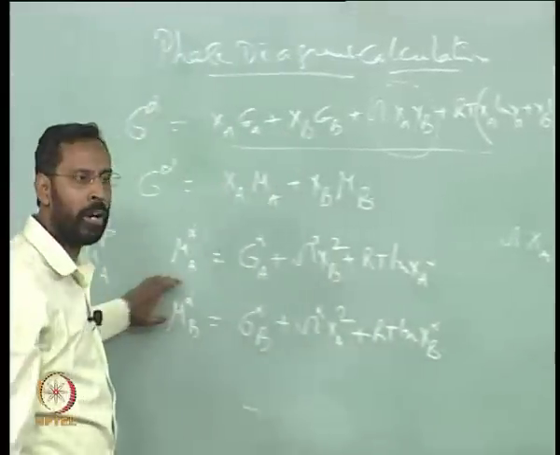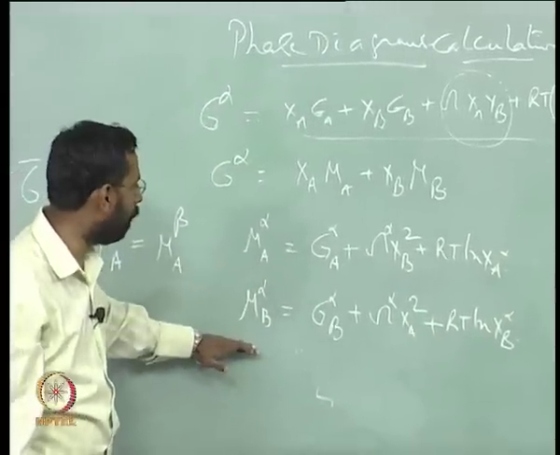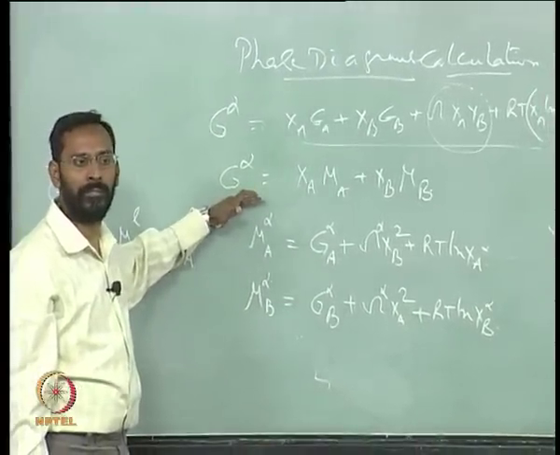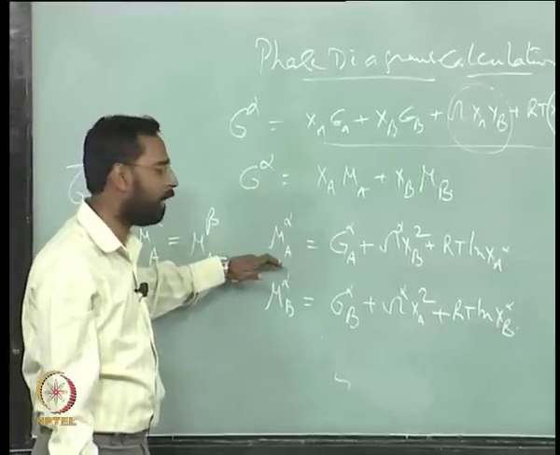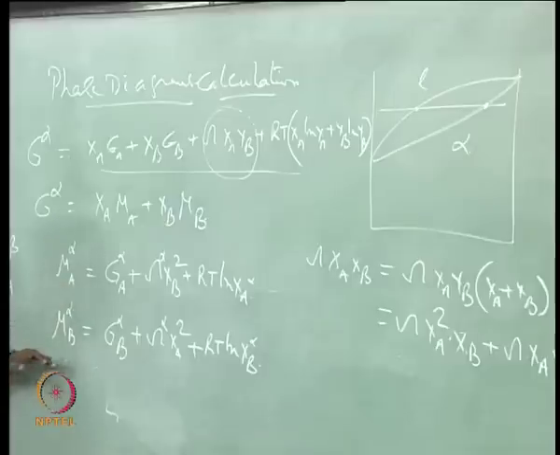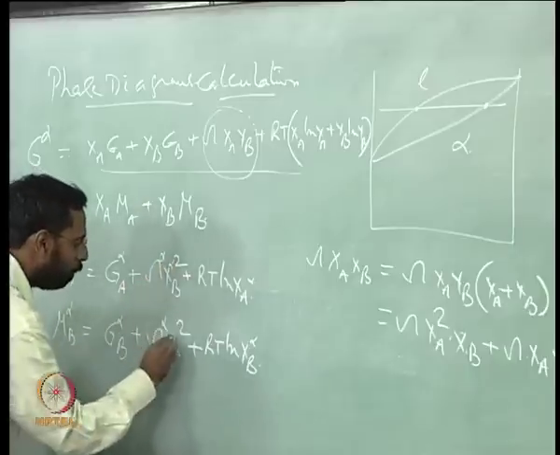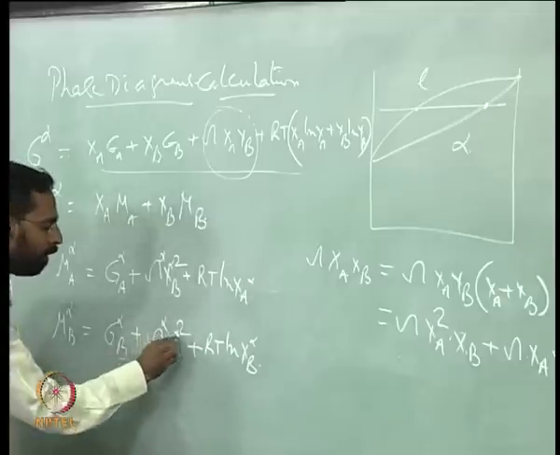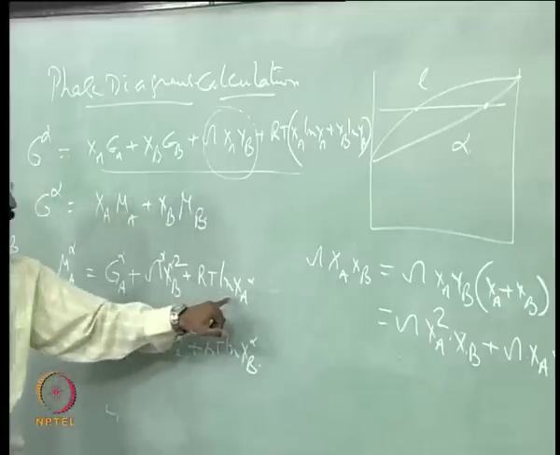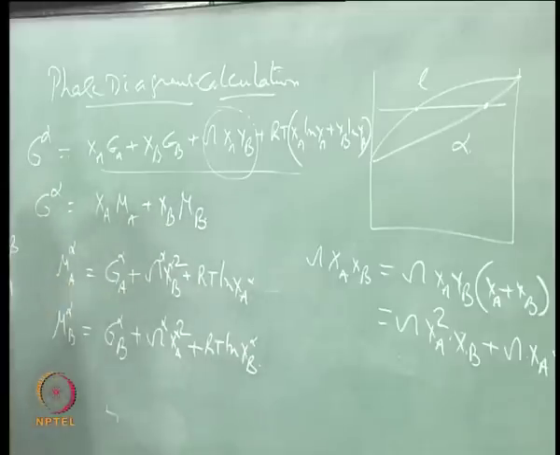Similarly, I can also write mu A and mu B for the liquid. Here you will see it will be GA liquid plus omega liquid into XB square of liquid, and similarly RT ln XA liquid will come.